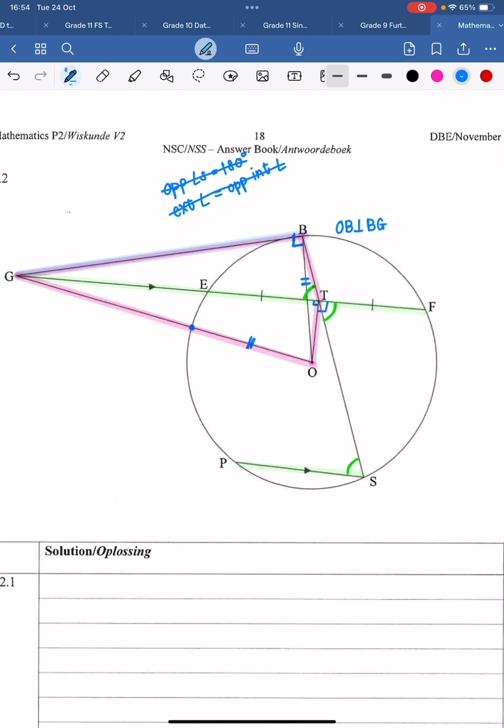The third way of proving that a quad is cyclic is if you show that you can do converse angles in same segment. Sorry, my throat is a bit sore.